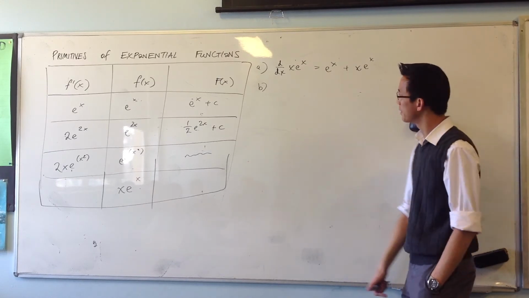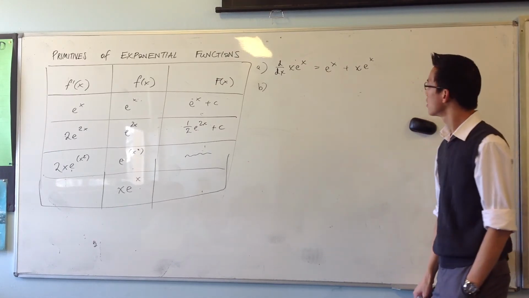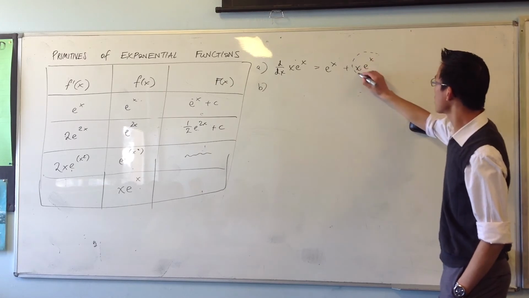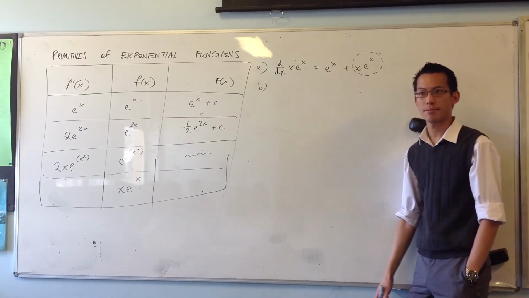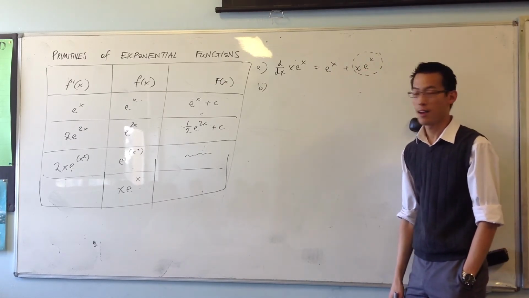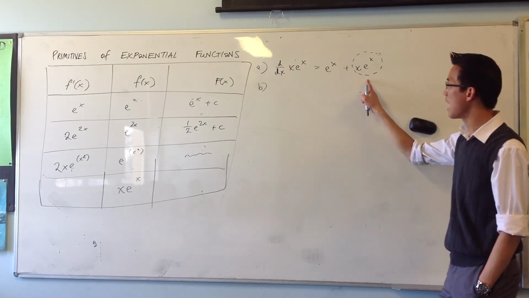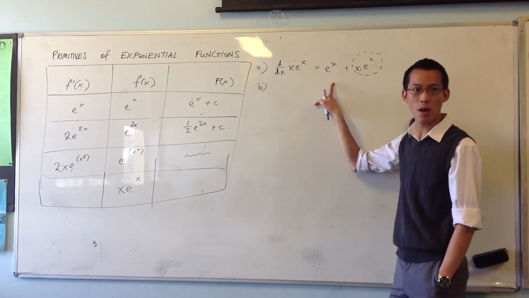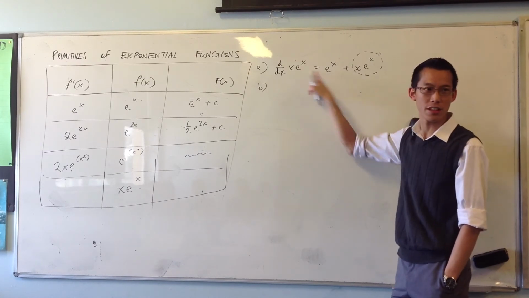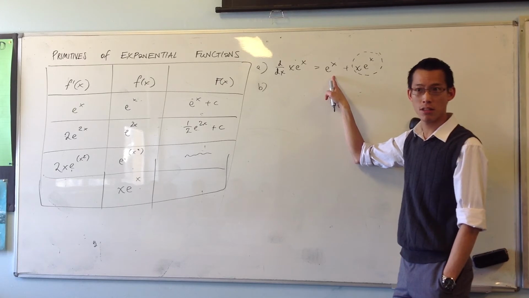Remember, this is the thing that I want to anti-differentiate. If I want to anti-differentiate this, I have to anti-differentiate everything else as well. But I know how to anti-differentiate these two, don't I? You think about it.